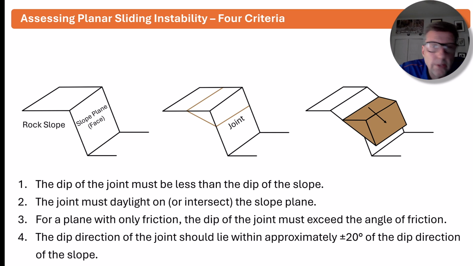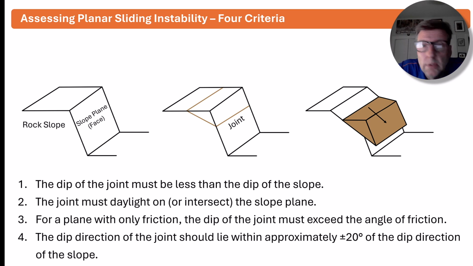The 3 figures shown at the top of the slide are meant to help us with the discussion of the 4 criteria. So, criterion 1, the dip of the joint must be less than the dip of the slope. If the joint dips steeper than the slope, it will be stable for planar sliding.